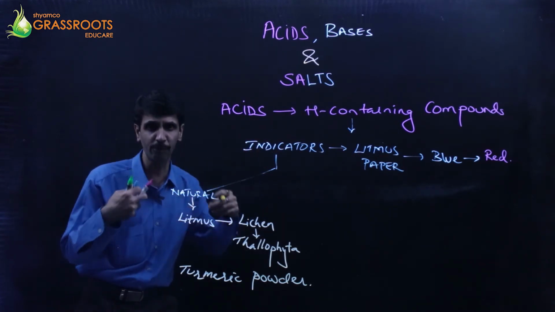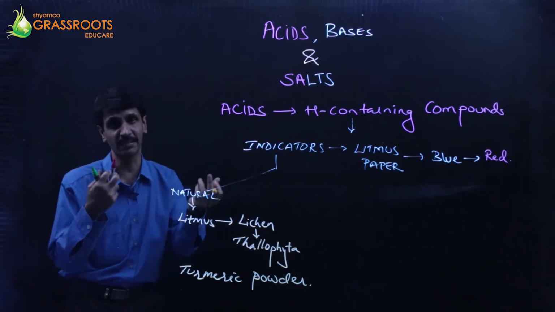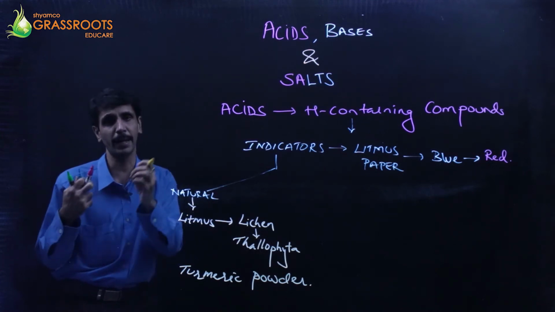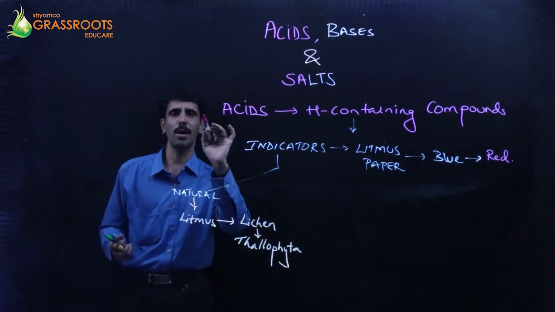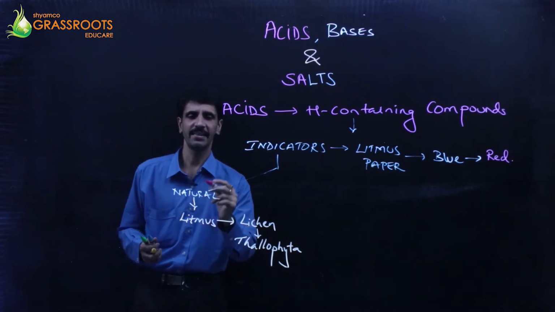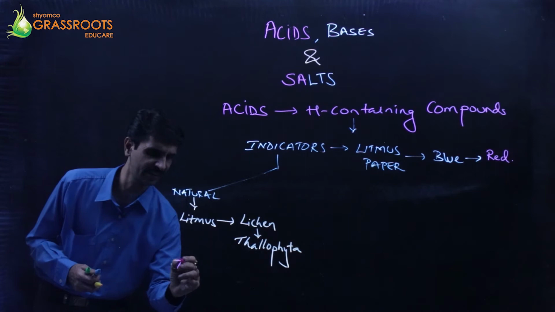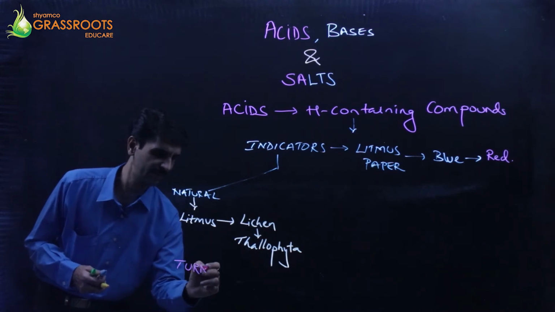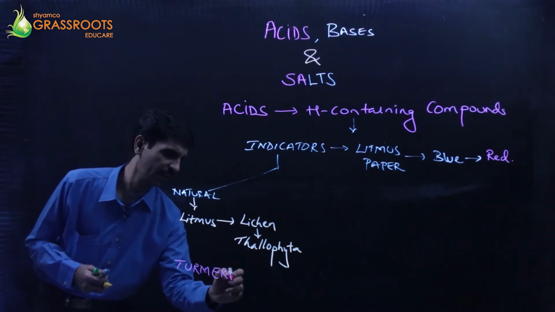If you take spicy food, along with that there will be turmeric powder as well. The second most common natural indicator, which I guess every one of you will identify with, is the turmeric powder, which everybody knows is yellow in color.